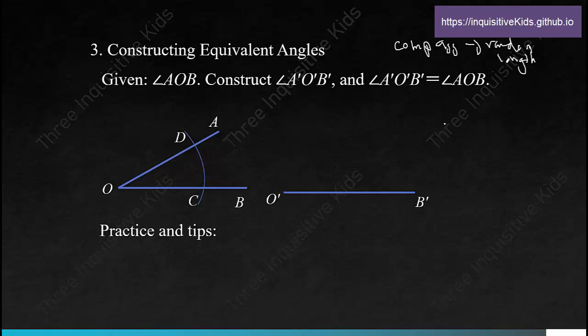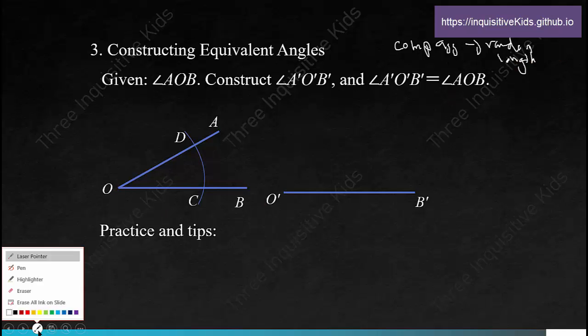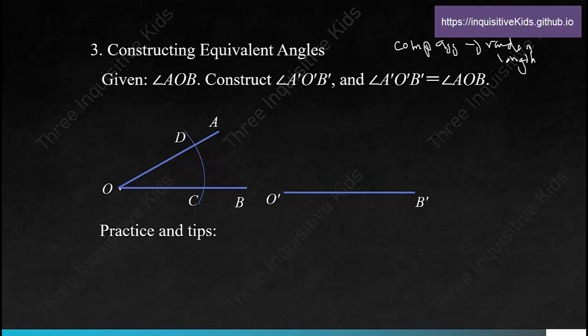It doesn't have to be extreme, but make it a good length that you can make stuff with. Then we use that random length, and from point O, we take that length to draw our arc straight across OA and OB. So that's what this arc is right here now.